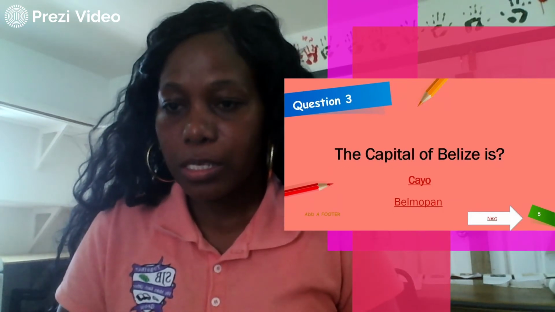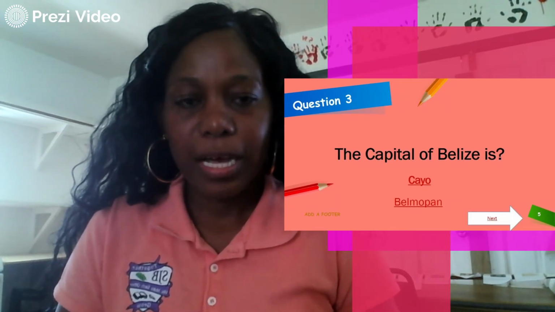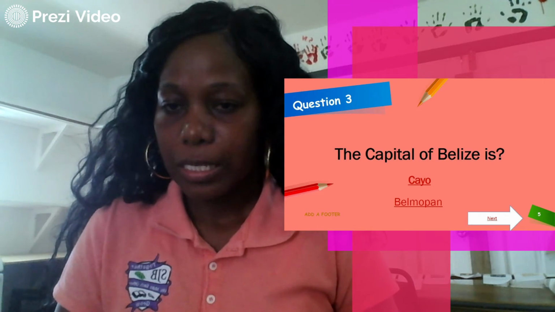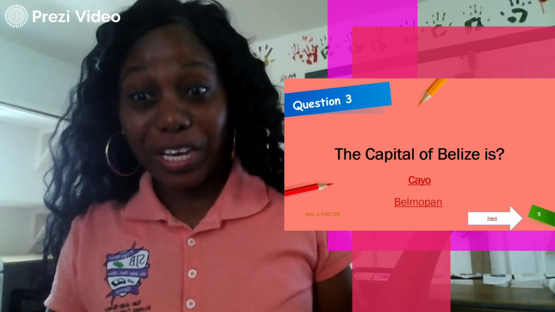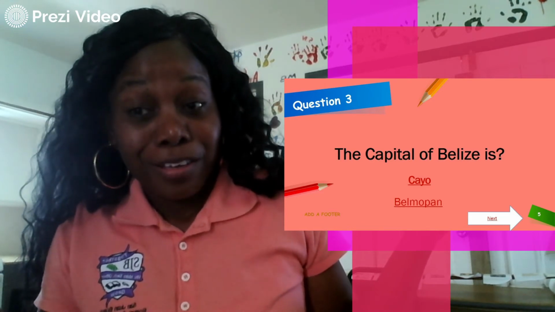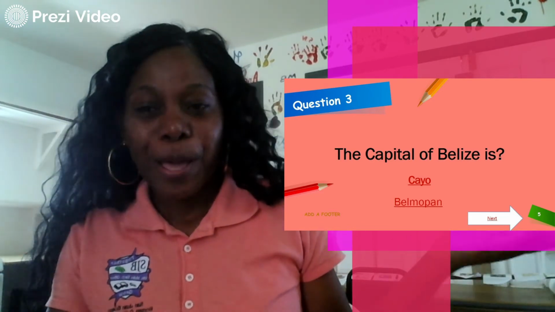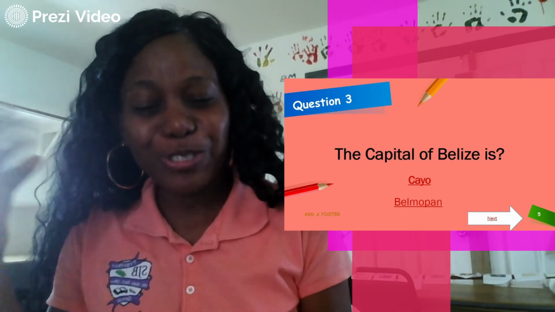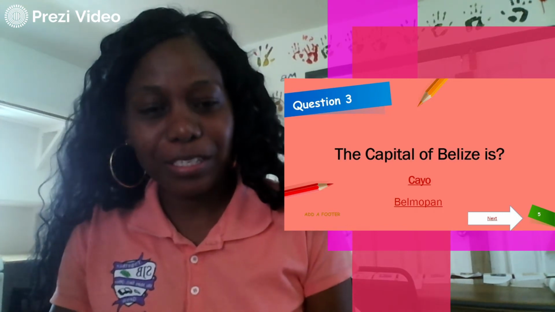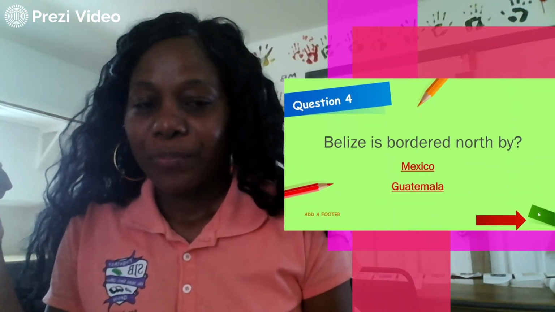Question 3 reads, what is the capital of Belize? We all should know the capital of Belize. Yes, Belmopan is the capital of Belize, boys and girls. You are right. I am loving this game. Question number 4.